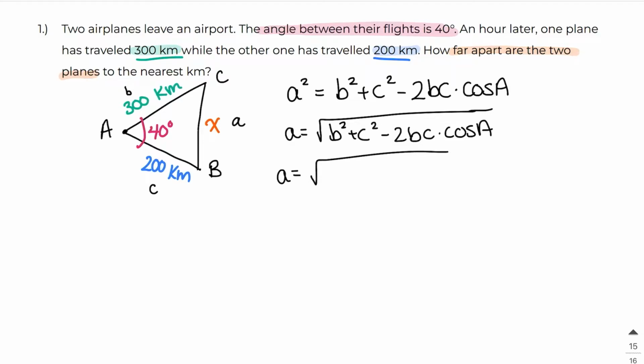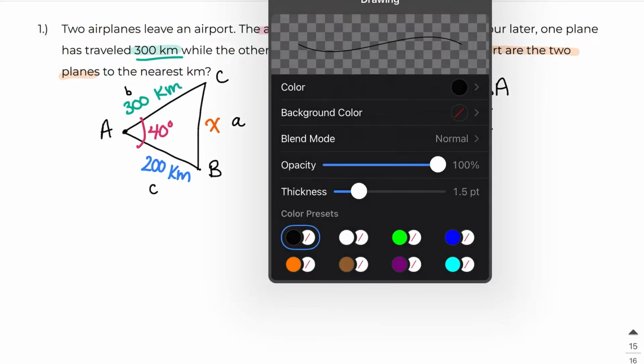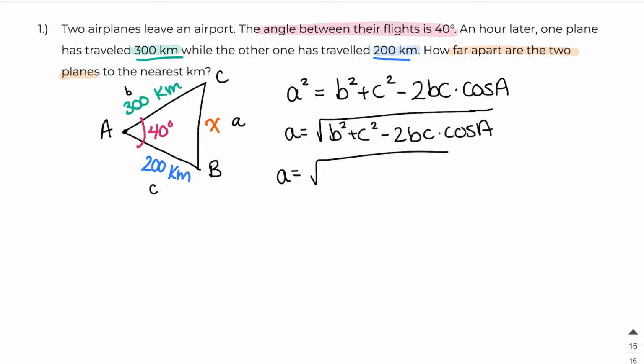So I'm going to say A is equal to the square root of B squared, which is 300 squared, plus C squared, which is 200 squared, minus 2 times B times C. So I'm going to do 2 times 300 times 200 multiplied by the cosine of angle A, which we know is 40 degrees.